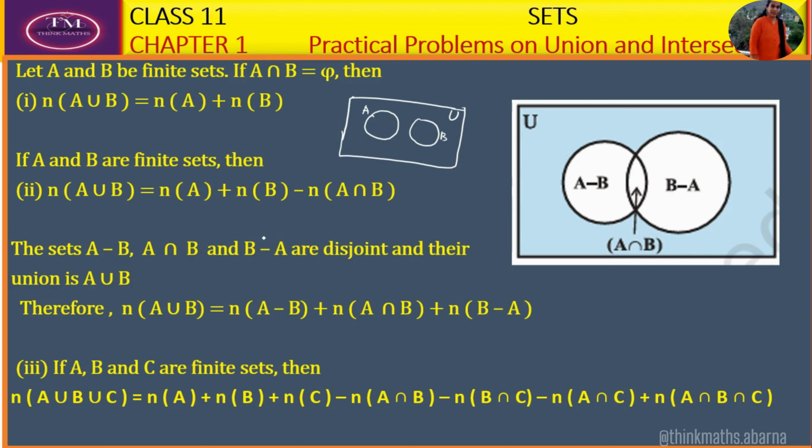Now we have the sets A minus B, A intersection B, and B minus A. Already we learned that these sets are disjoint, that is, they don't have anything in common.